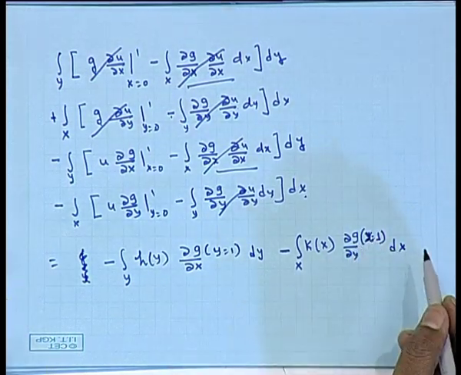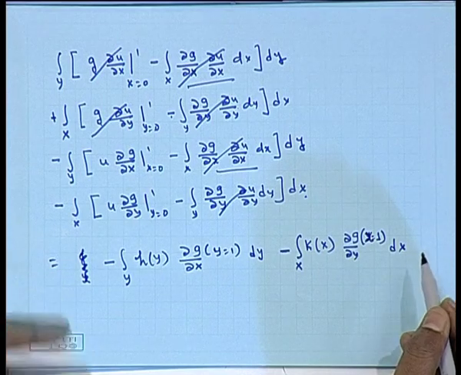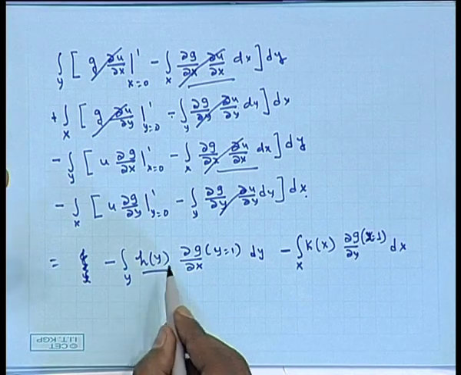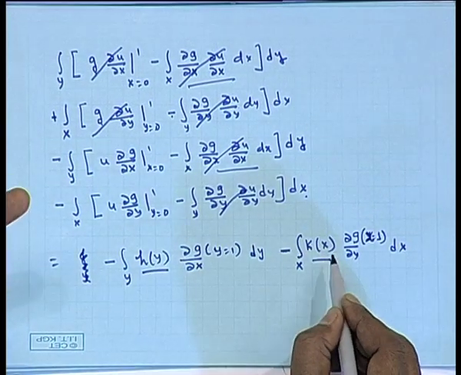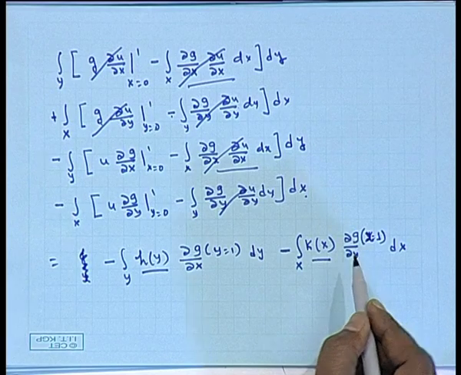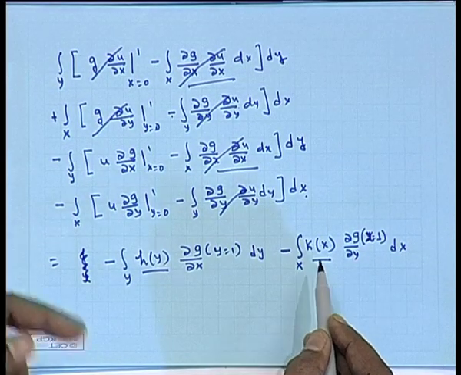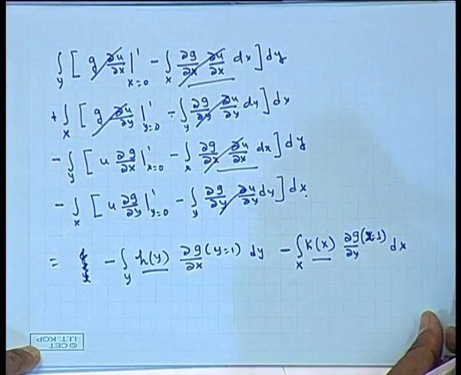So, you know the expression of g, you can find out del g del y and evaluate that at x equal to 1. h(y) is a known function, k(x) is a known function, or they may be constant. So, again these two integrals can be evaluated analytically. Let us summarize what we get ultimately.